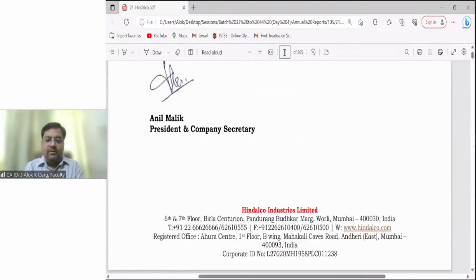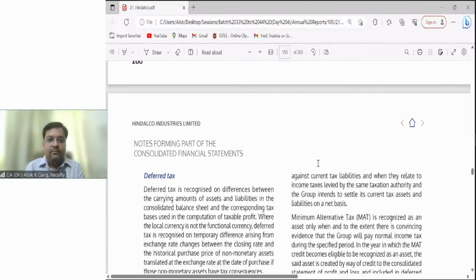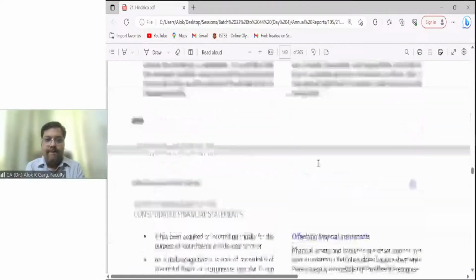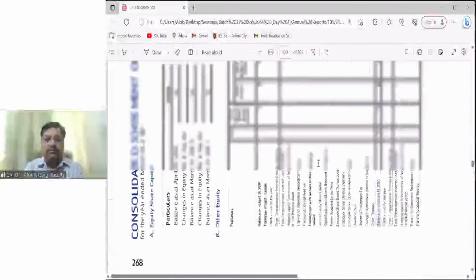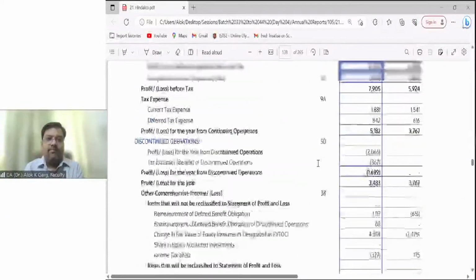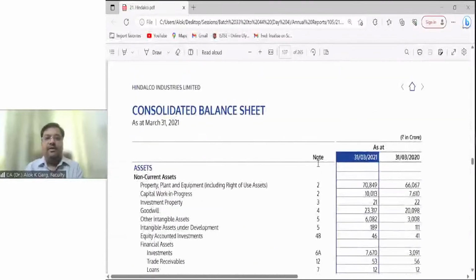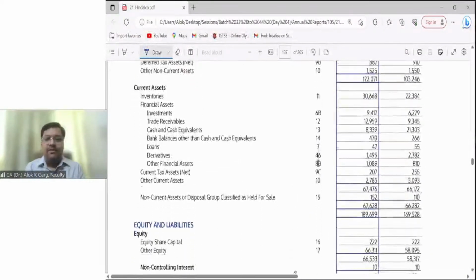So let's go to the balance sheet. First of all, let me show you the balance sheet. So this is the Hindalco Industries Limited balance sheet.